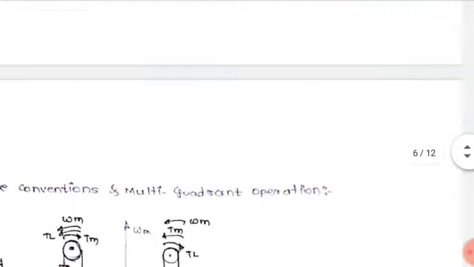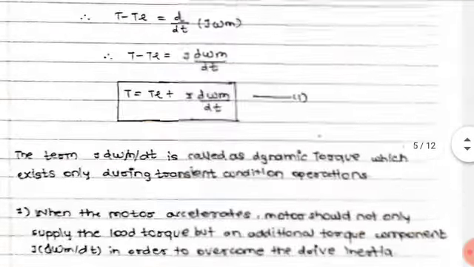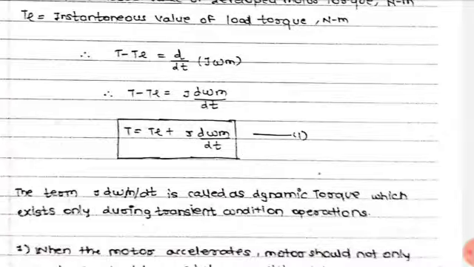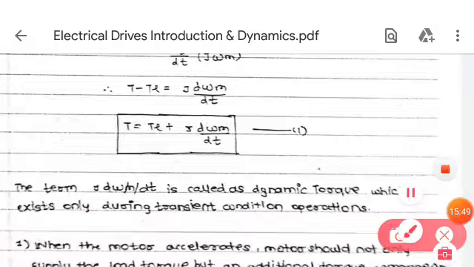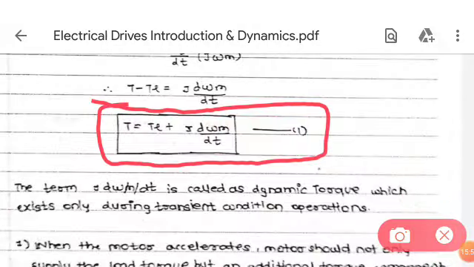Okay, so this is what the fundamental torque equation is, a very important equation, and we are going to use it while solving so many numericals and for very many derivations. Any form of this equation is fine.